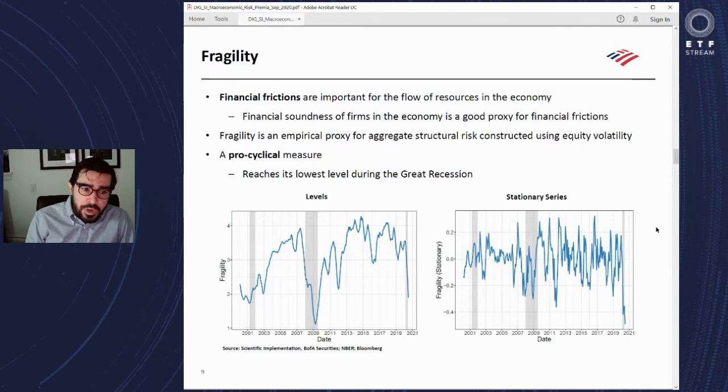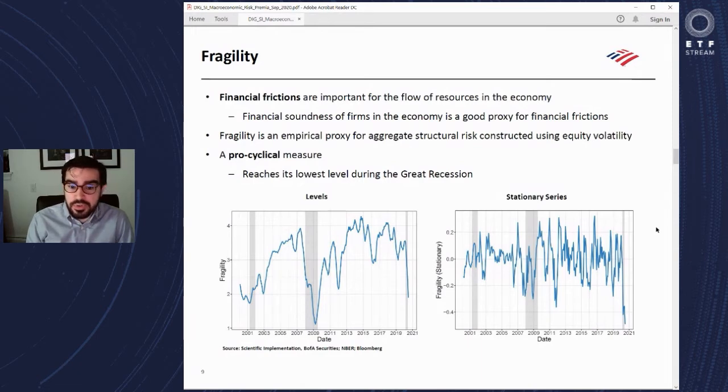Now, what do we observe about this measure, and why do we care about this measure? First of all, we observe that it is a pro-cyclical measure. It does reach its lowest level during the Great Recession, and it also started pointing down again recently in the current recession.